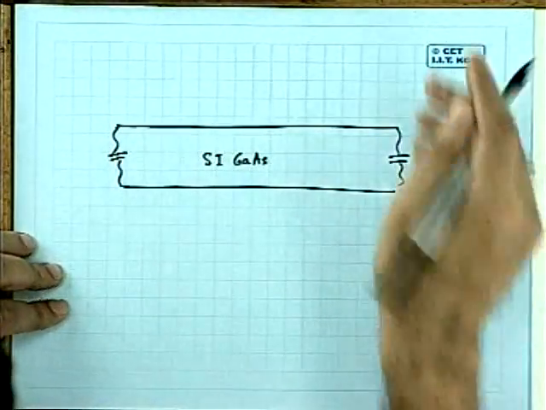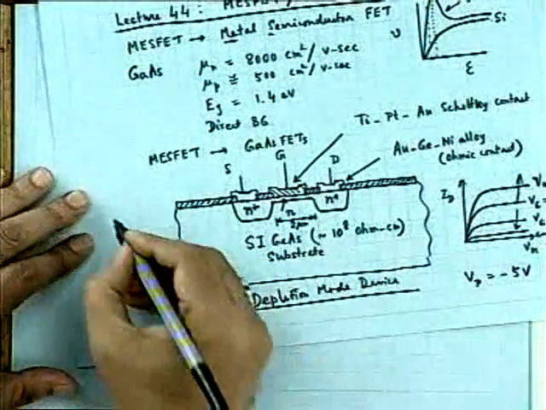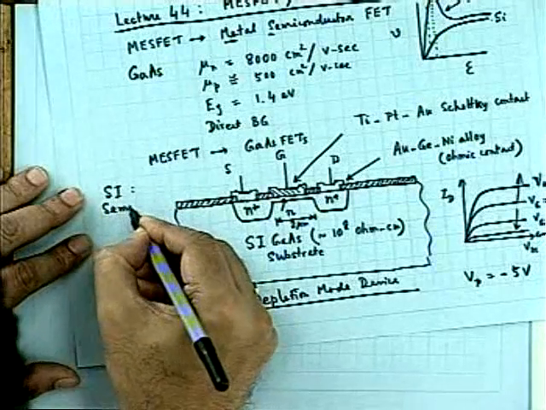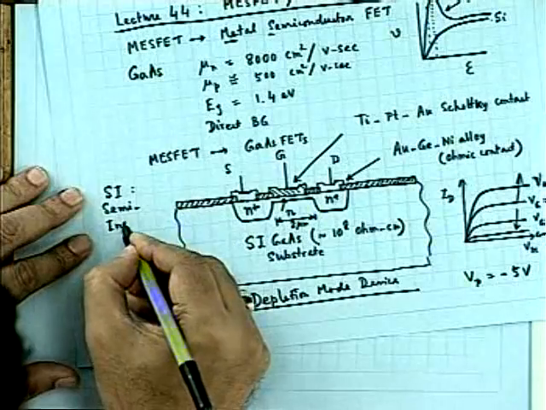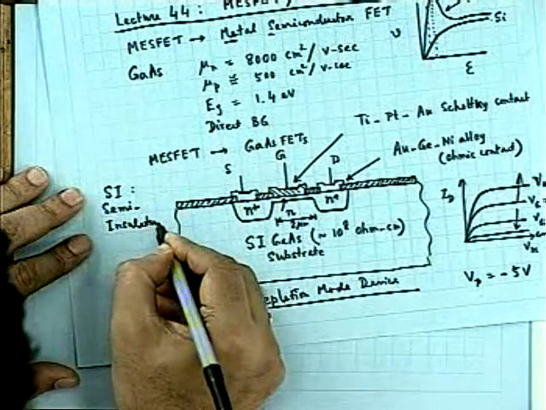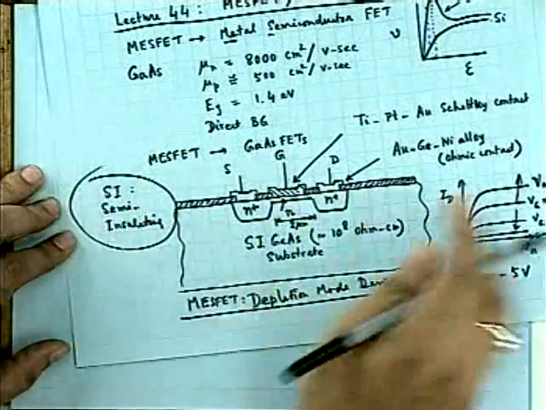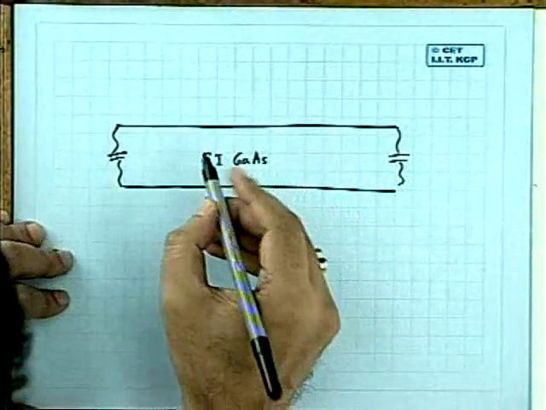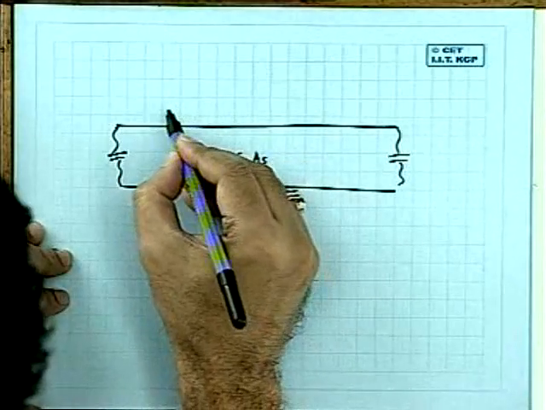SI stands for semi-insulating. Have I told you? SI stands for semi-insulating. SI gallium arsenide. Then you have a structure like this.